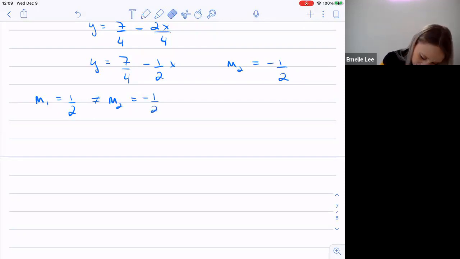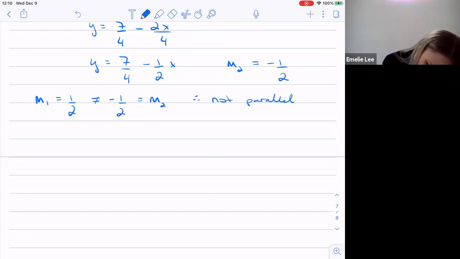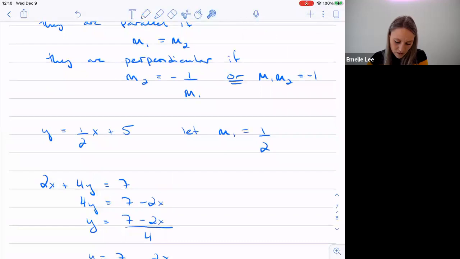Or maybe I'll clean this up a little bit: 1/2, which is not equal to -1/2, which is equal to m2. Right, they meet in the middle, they're not equal. Therefore, not parallel. And here, you can do m2 and then -1/m1 if you want, right? -1/(1/2).